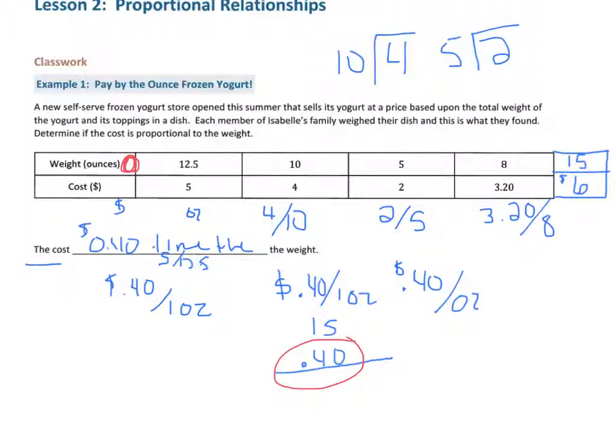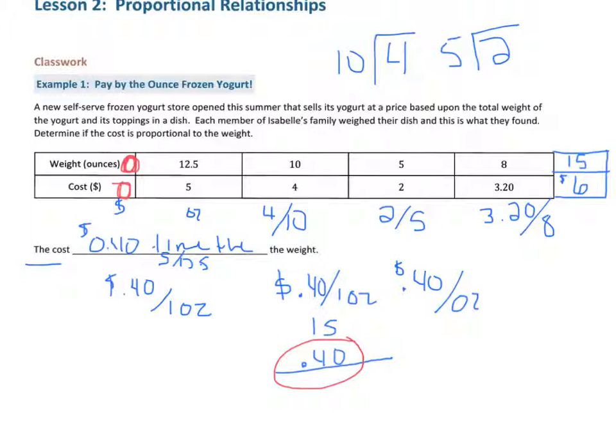If I get 0 ounces, if I don't get anything at all, how much am I paying? Well, 0 times 40 cents is 0. So if I'm not getting anything, I'm not paying anything. So it still holds true. That's another way you can see if a relationship is proportional. You should have that 0, 0 relationship.